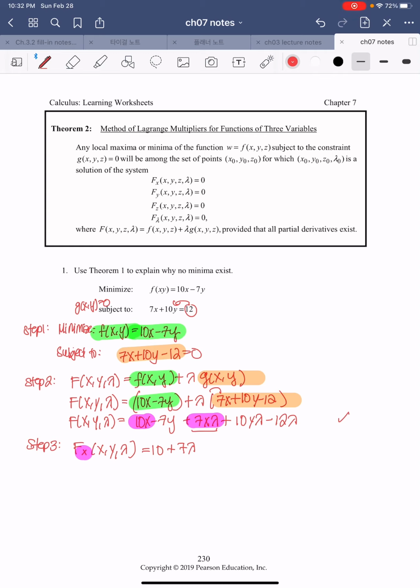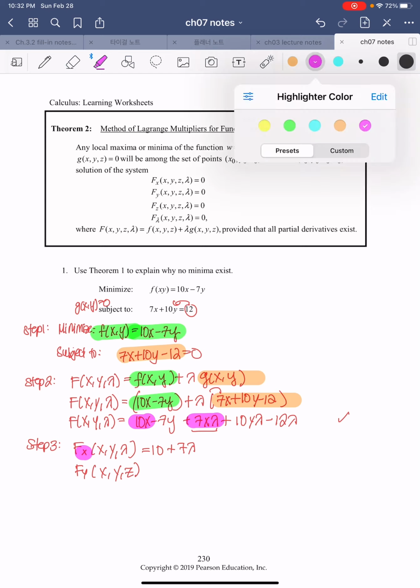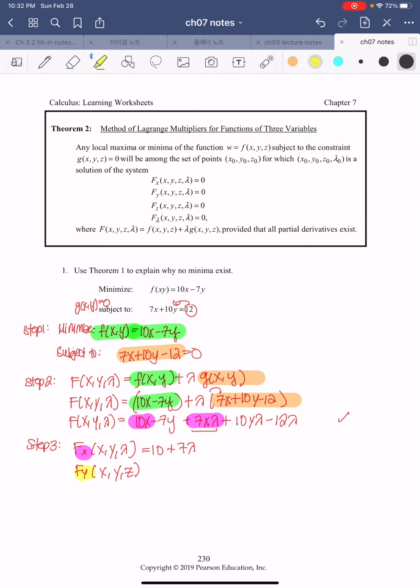Let's do one with the partial derivative with respect to y. This time, my variable is y. I'm only focusing on the y terms, and the remaining will be constant. So negative 7y will give negative 7, and 10 lambda y will give me 10 lambda, and the other one will be constant.